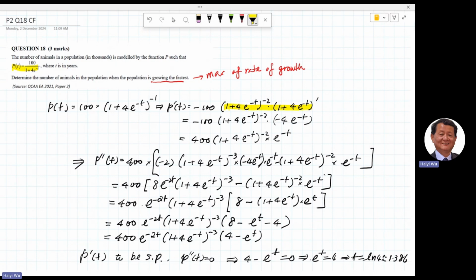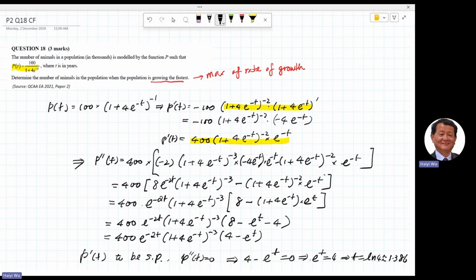In the end, P'(t) is 400 times (1 + 4e^(-t)) to the power of negative 2, times e^(-t). So that's P'(t), the rate of growth of the population.